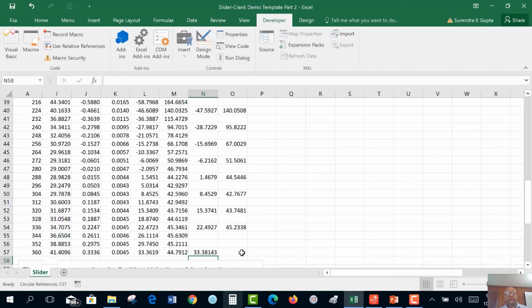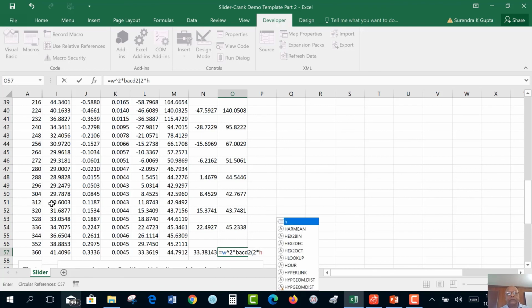All right. Omega squared times back derivative 2. And this requires 4 values. So we start with 51, 2 times h, comma this, comma this, comma.